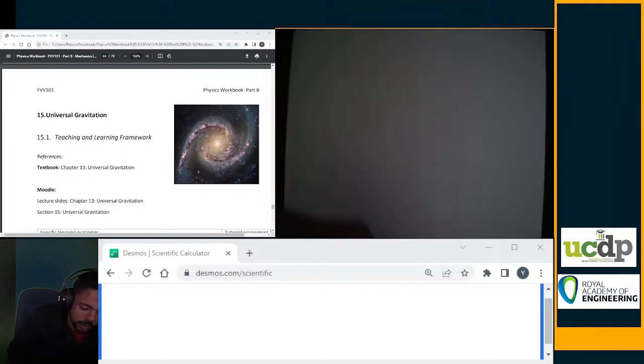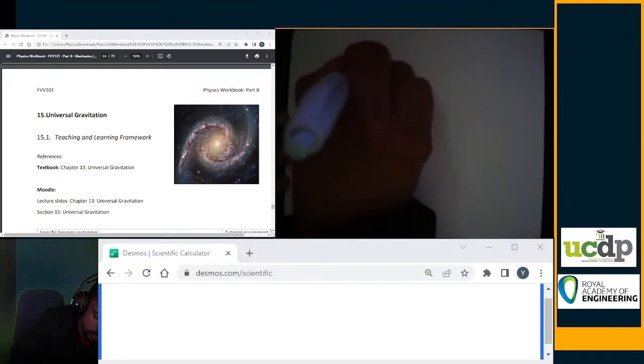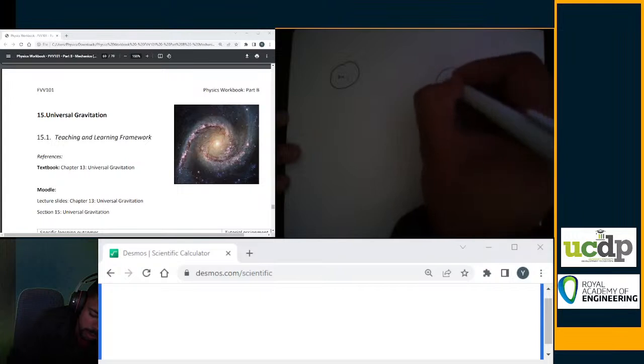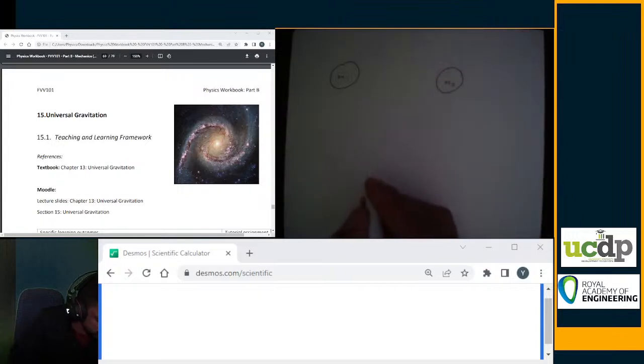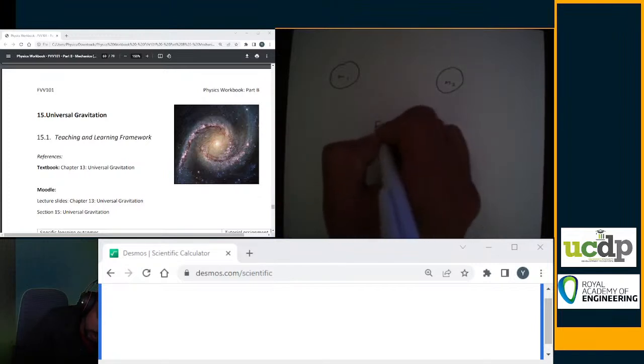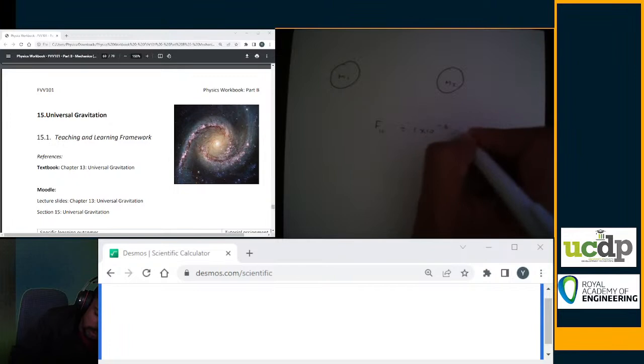Okay. Let's say we have two objects, M1 and M2. The force of gravity between M1 and M2 is equal to 1 times 10 to the negative 8 newtons.